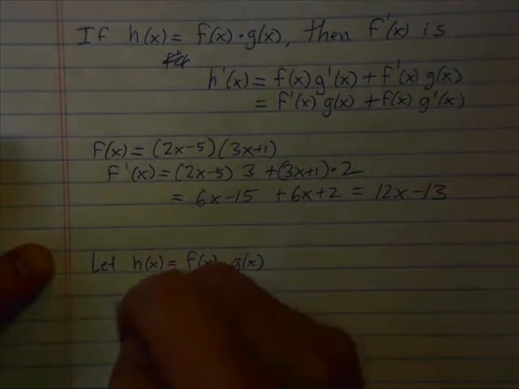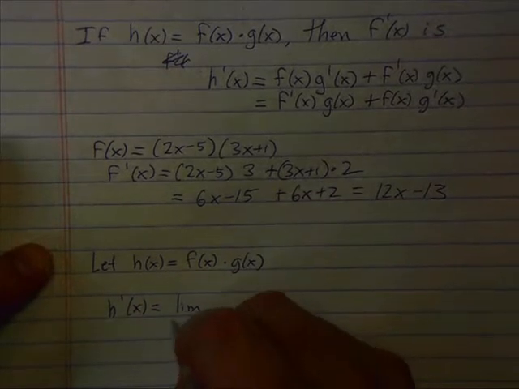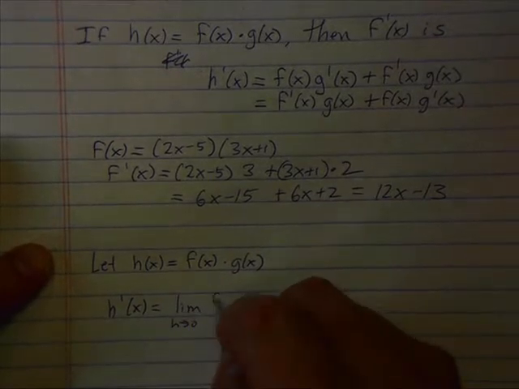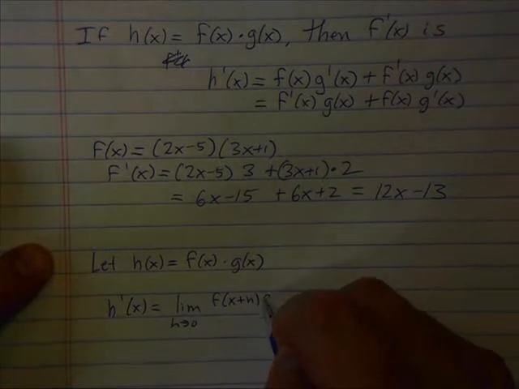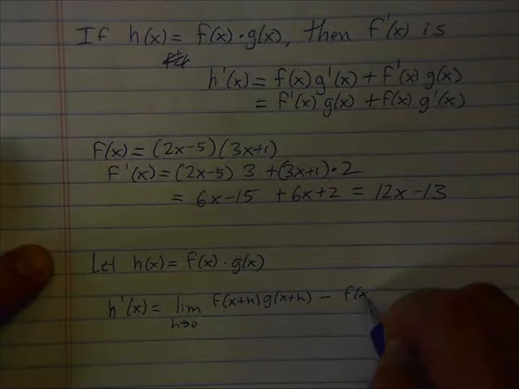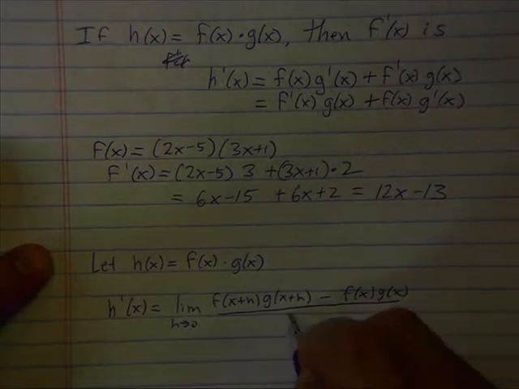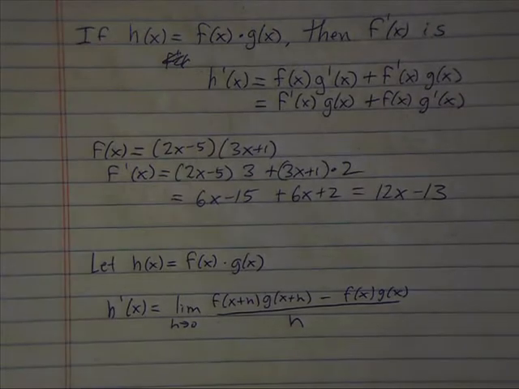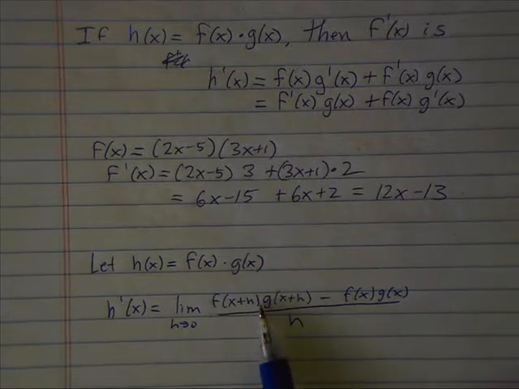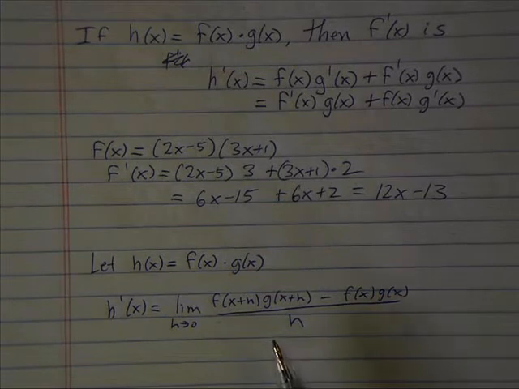Then, by the definition, the derivative would be the limit, as h goes to 0, of f of x plus h times g of x plus h minus f of x times g of x all over h. Okay, so that's our typical definition where we replace x by x plus h, and then we have the original functions, and then we divide by h.